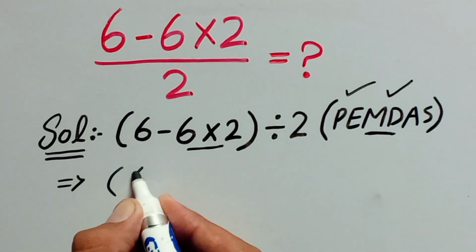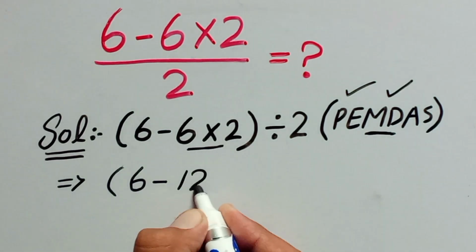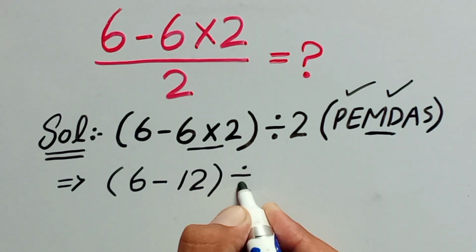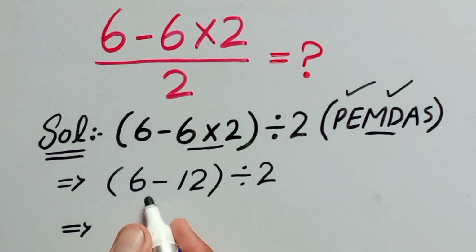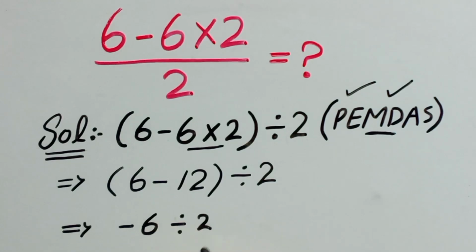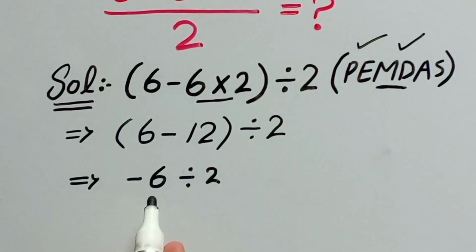So parentheses 6 minus 6 times 2 equal to 12 divided by 2. Now in the next step 6 minus 12 equal to minus 6 divided by 2. Now minus 6 divided by 2 equal to minus 3. This is the final answer of this expression.